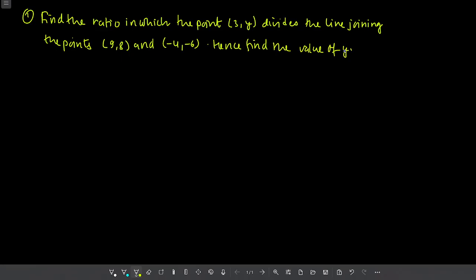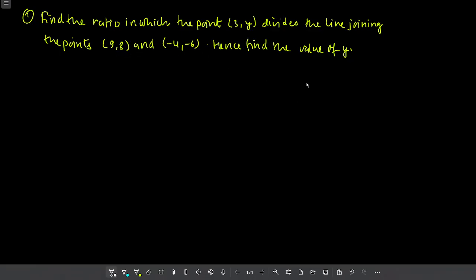This type of question was done in our previous class also, and we're just recalling and revising it. So find the ratio in which the point 3 comma y divides the line joining the points 9 comma 8 and minus 4 comma minus 6.